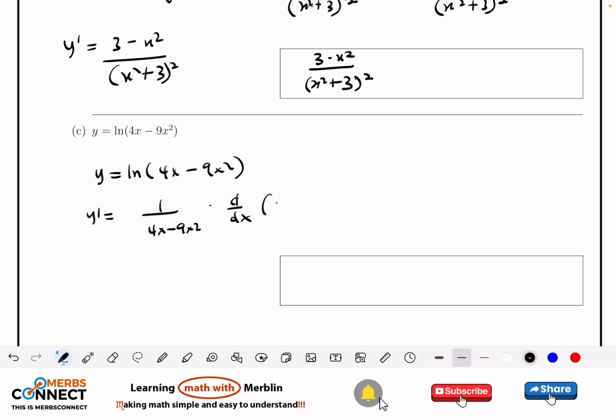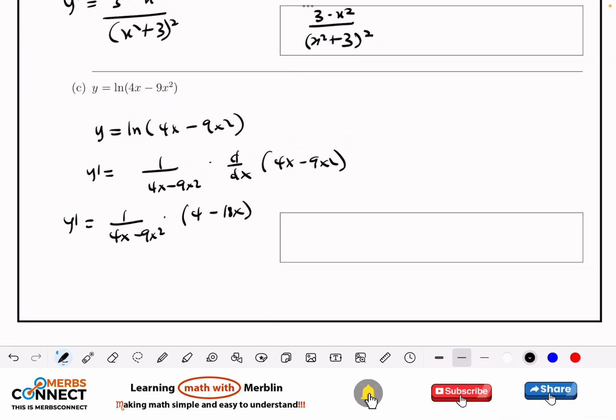So y prime is 1 divided by 4x minus 9x squared, times, when I differentiate what is inside the parenthesis, 4 minus 18x. Finally, I have 4 minus 18x divided by 4x minus 9x squared. So I plug my answer here: 4 minus 18x divided by 4x minus 9x squared.